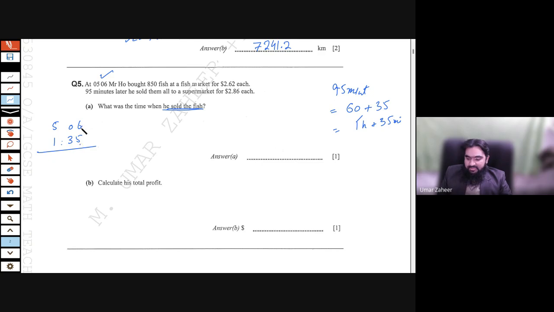Just add them: 6 plus 5, 11, 1 carry 4, and 5 plus 1, 6. Be careful when you are adding time. You have to add minutes to minutes and hours to hours. You cannot take the carry. So it is 0641. Everyone, is it clear?